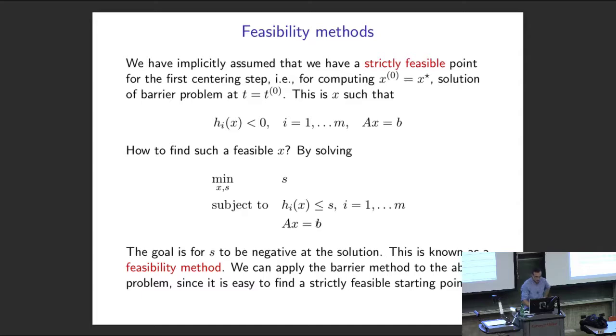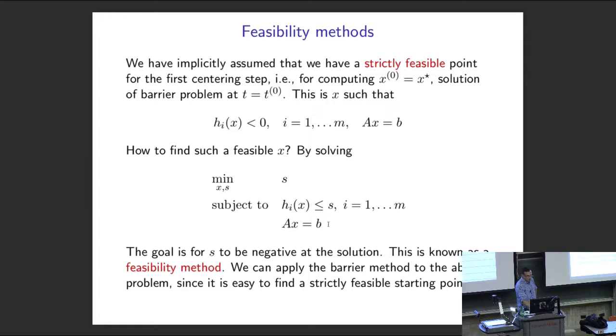So the first phase, right, we could cast it as an optimization problem. Let's say we introduce a real valued variable s, and we want to minimize over all points x and s the value of s subject to the constraint that h_i(x) is less than or equal to s, and Ax is equal to b.